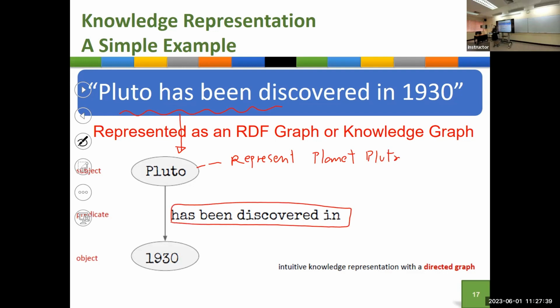In this case, we made a very simple one, just a text saying has been discovered in, but of course later on we will need to find a way to make this knowledge representation graph in a form that is more formal. Okay, this is still a bit informal. And then the value of 1930 is another node in this graph.